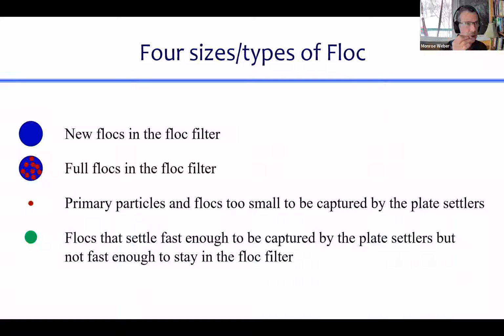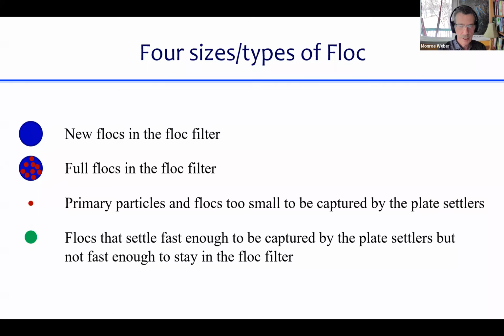The blue and red dot floc is a floc that's in the floc filter that has become full of clay particles or other small particles. So it's taken on additional particles inside of itself and become full.